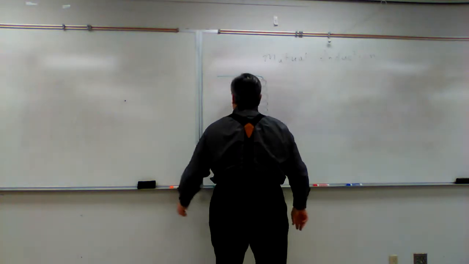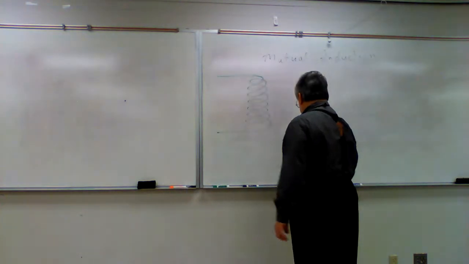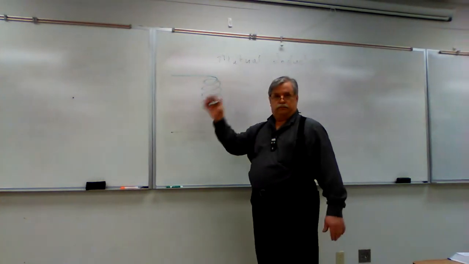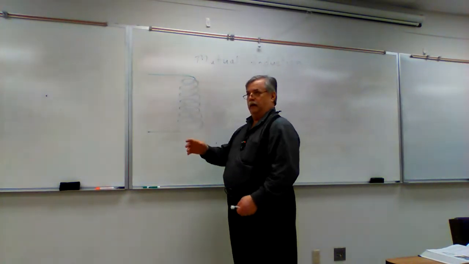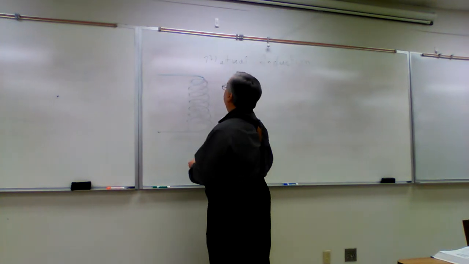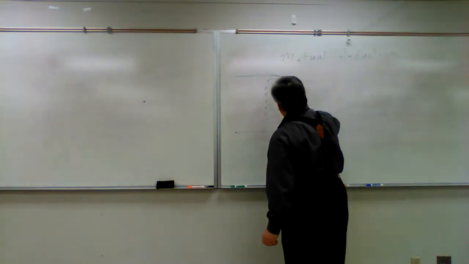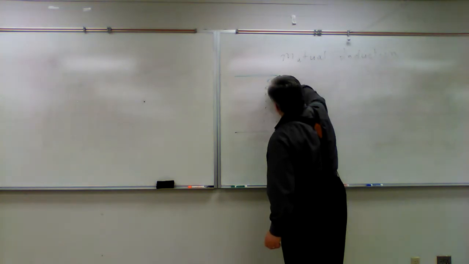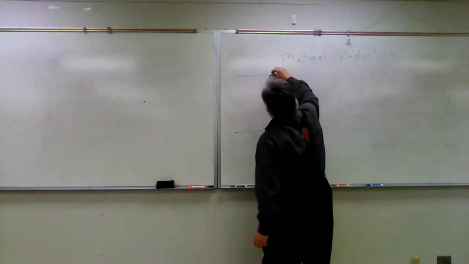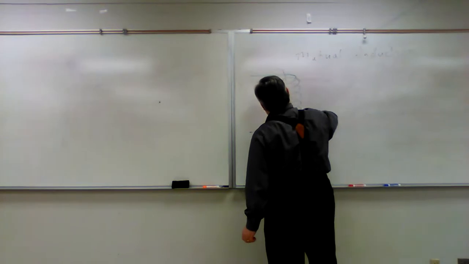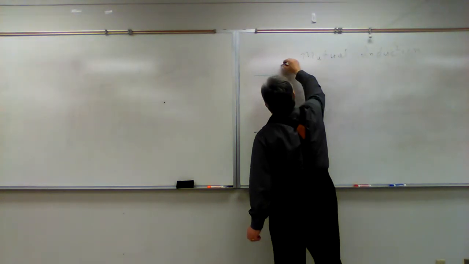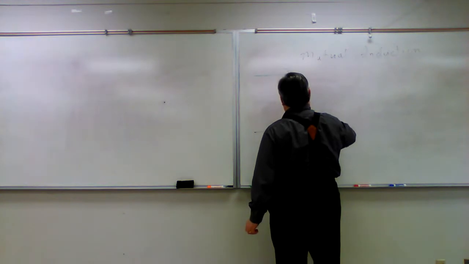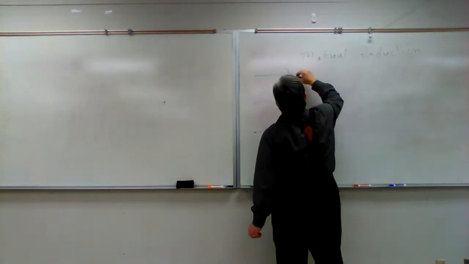I don't know. Anyway, we've got this coil. We run a current through it, and it produces a magnetic field. And there's lots and lots of magnetic flux inside here. But out here, it fringes out like so.